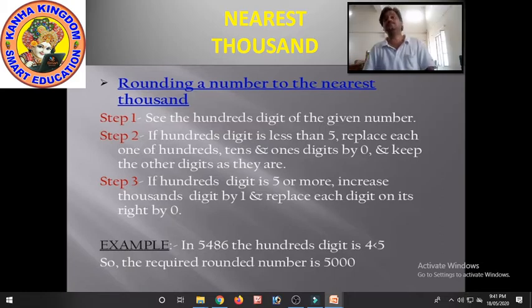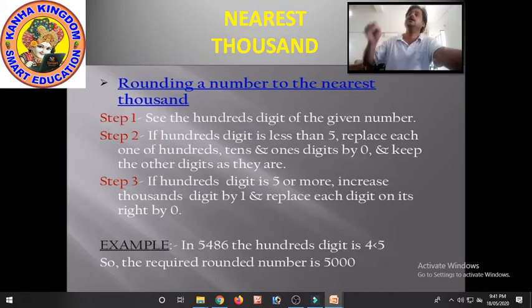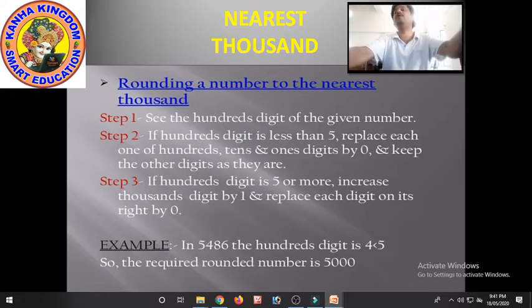Now the third step is that if the 100s digit is 5 or more than 5, increase the 1000s digit by 1 and replace each digit on its right-hand side by 0.